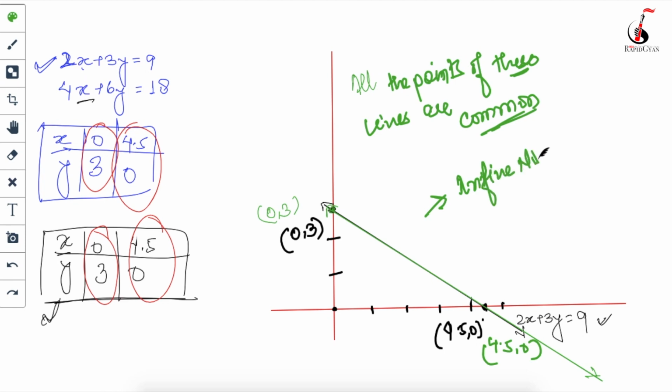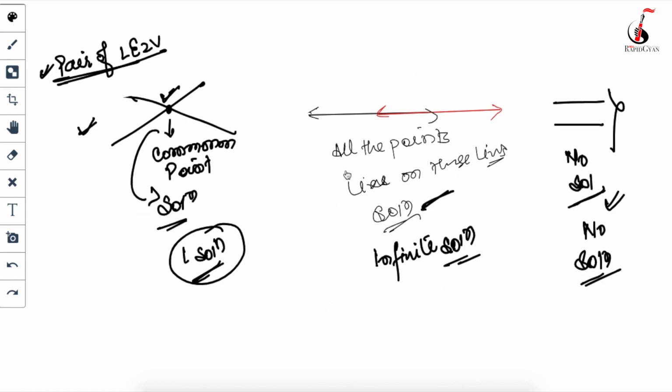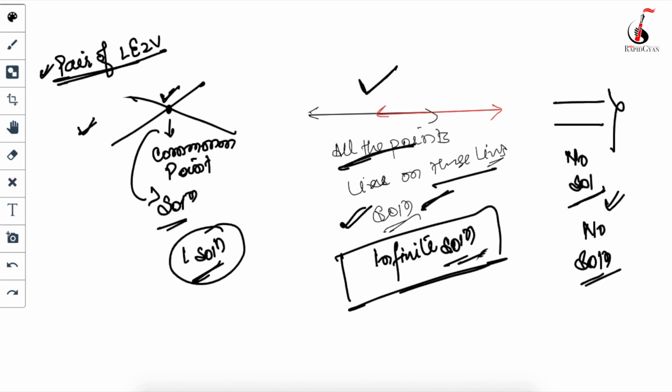How many solutions, beta? Infinite number of solutions. Okay. So that's the second thing. If the two lines coincide with each other, all the points that lie on the line are considered as solutions. So we can say it is having an infinite number of solutions.